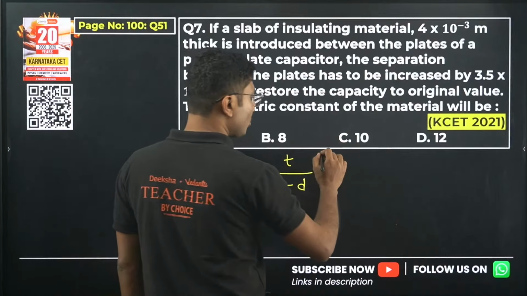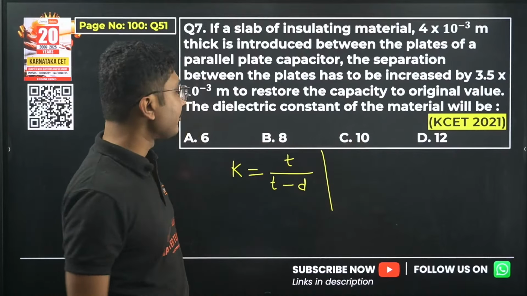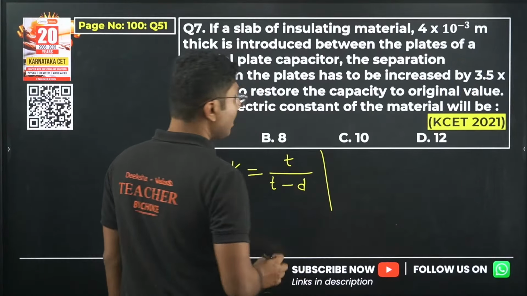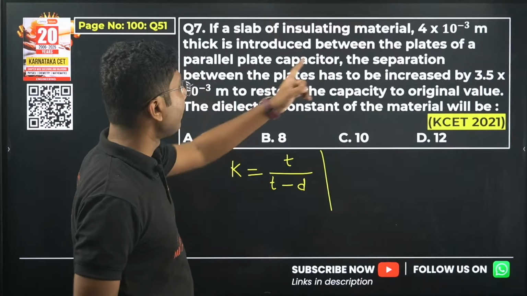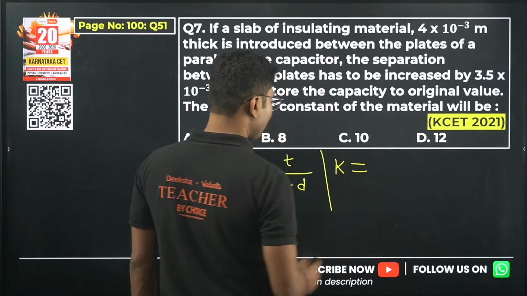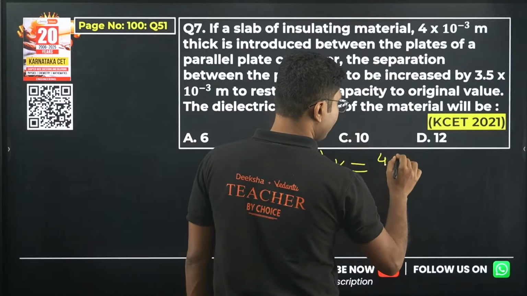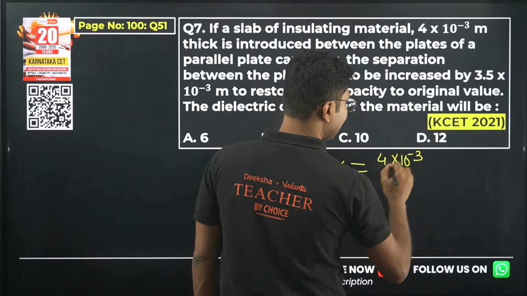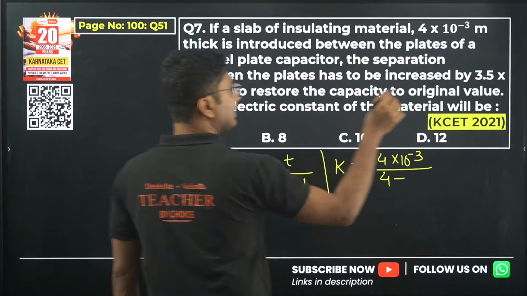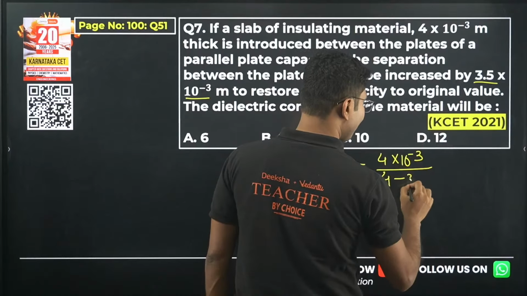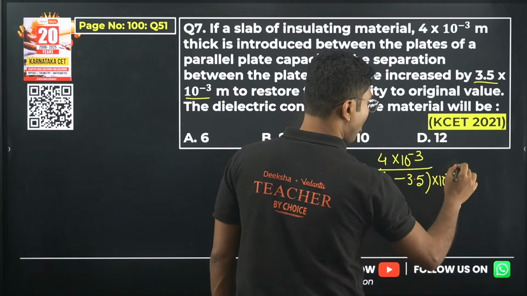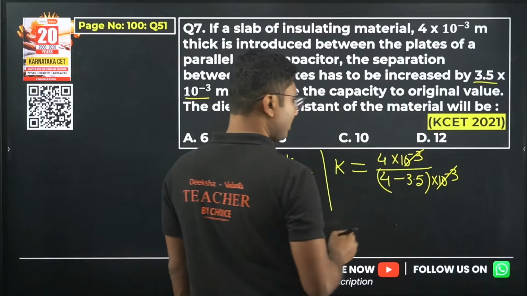This question came not very long ago, in 2021, and it is from page number 100, question number 51. Now let's put in the values. We are trying to find K. Thickness is 4 × 10^-3, and the extra distance that you have added is 3.5 × 10^-3. Both have 10^-3, so I have taken that common, and 10^-3 cancels.